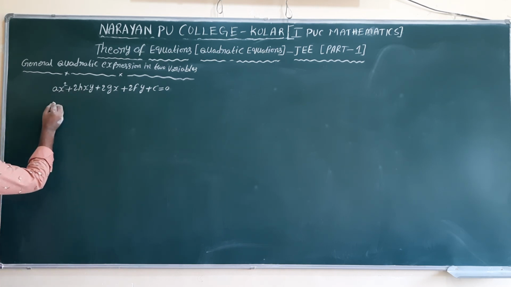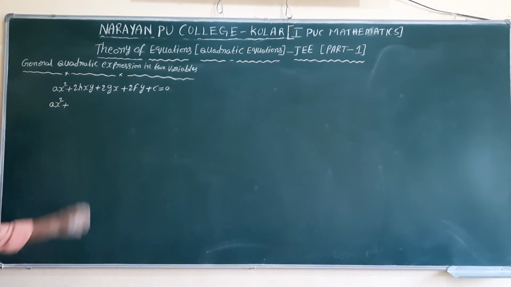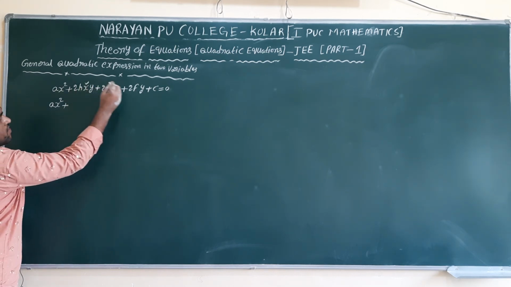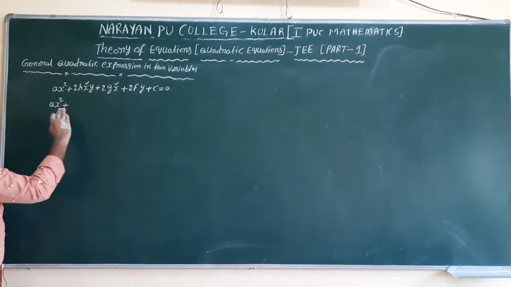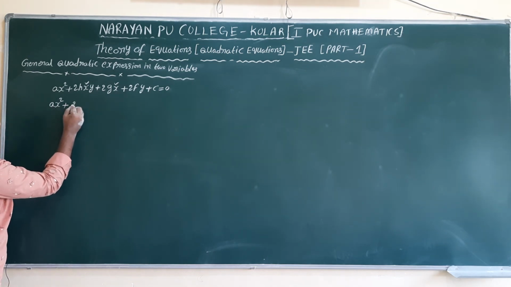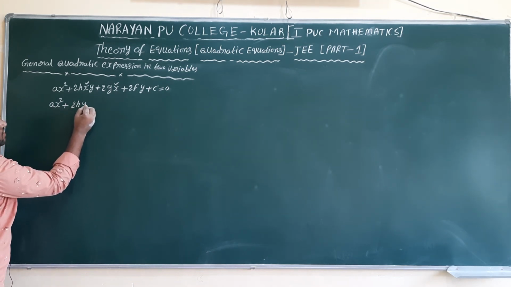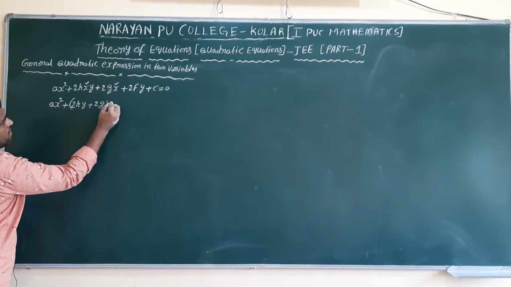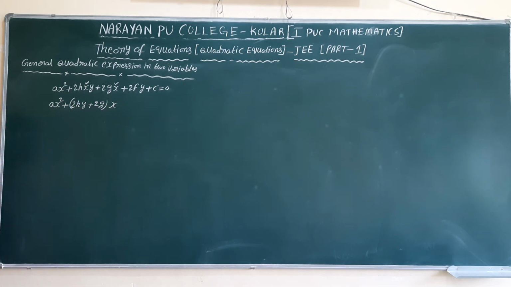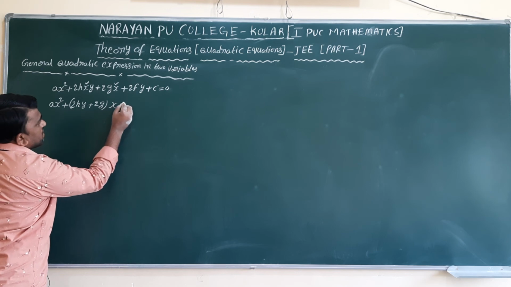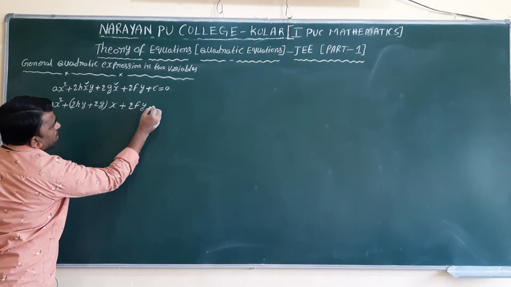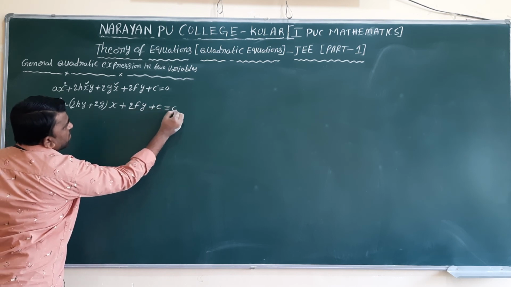So first you can write ax square as it is, plus, in these two take x common, 2hy plus 2g of x, plus remaining is 2fy plus c equal to 0.